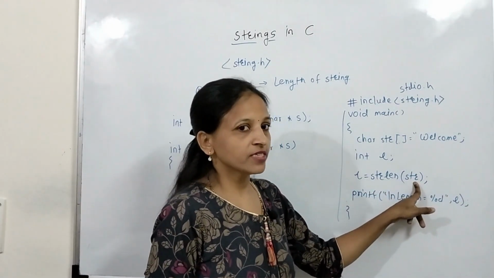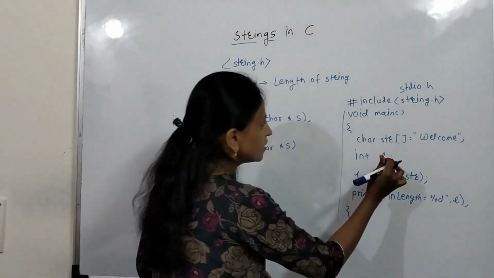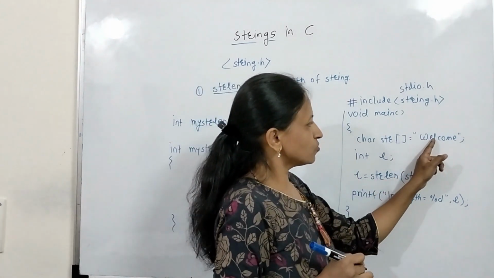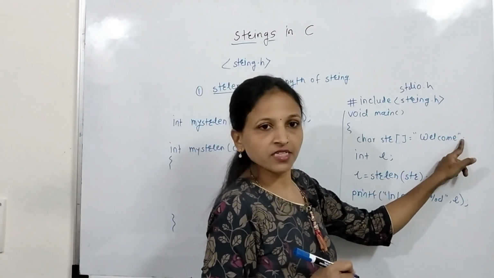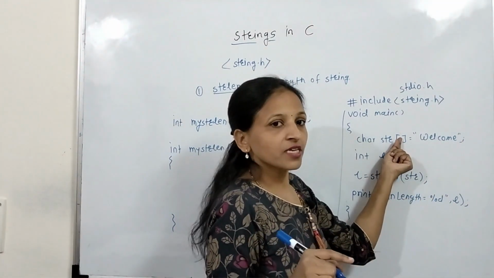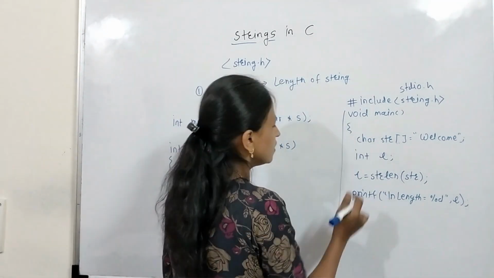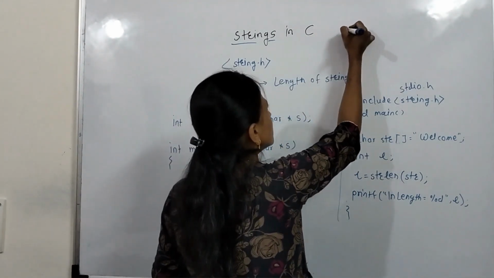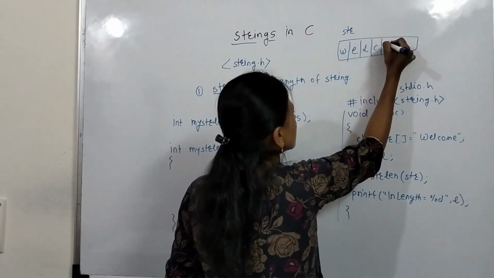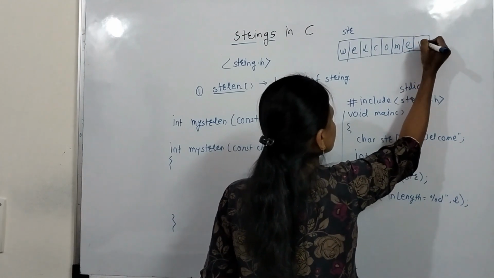Now how to calculate? See, this is in memory. Now see str, how many bytes will get allocated? 1 2 3 4 5 6 7 8, because 1 is for \0. This size will be automatically computed, that is 8, and 8 bytes will get allocated in memory like this. Here that string will get stored, and the last one is \0.